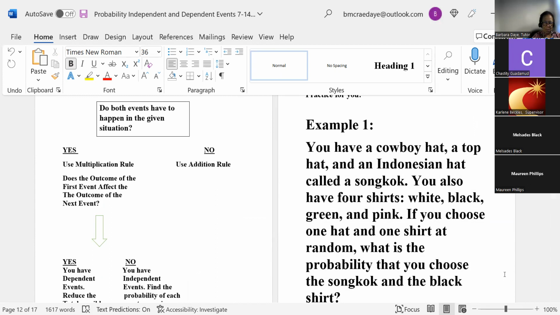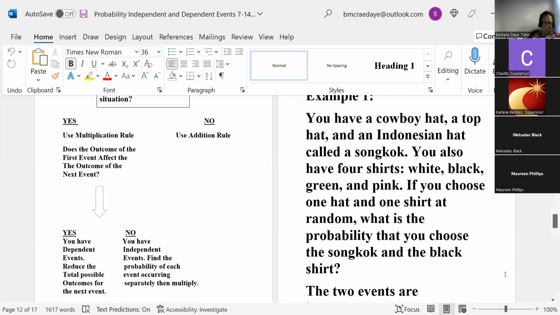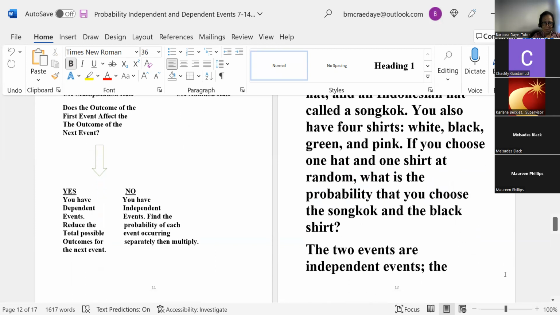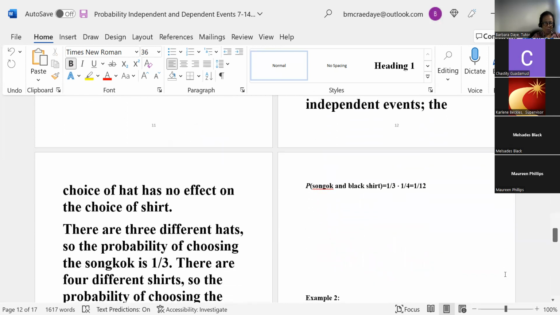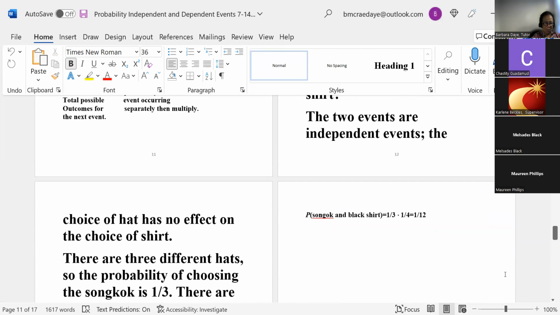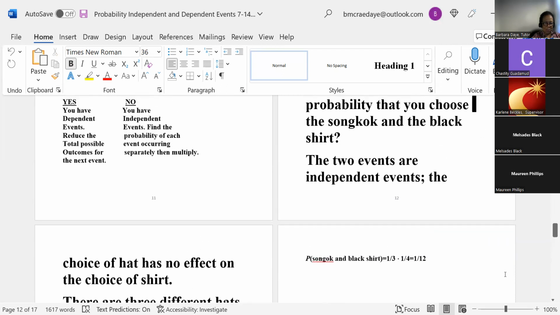You also have 4 shirts: white, black, green, and pink. If you choose one hat and one shirt at random, what is the probability that you choose a sangkak and a black shirt? So the two events are independent. Choice of hat has no effect on the choice of shirt.